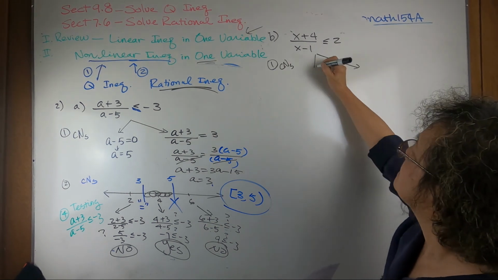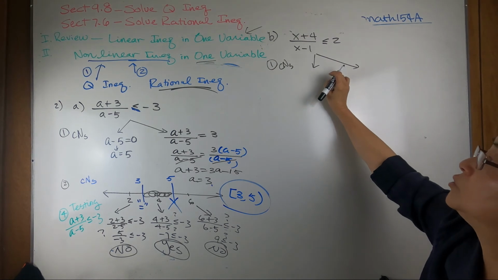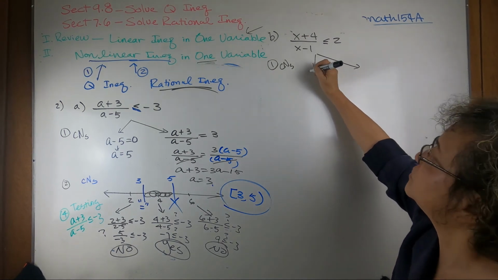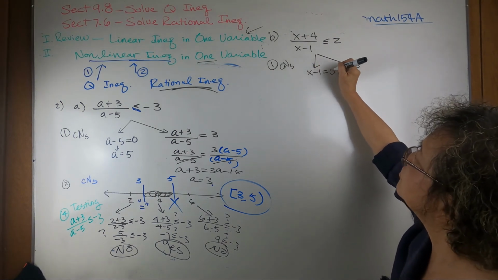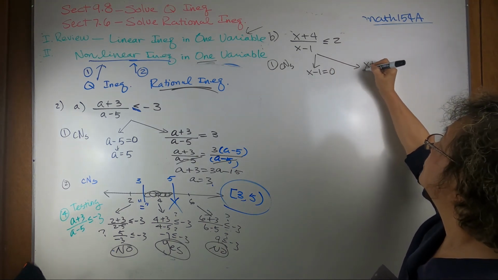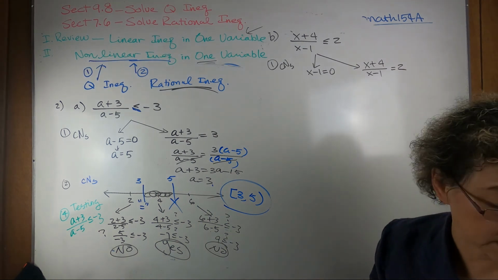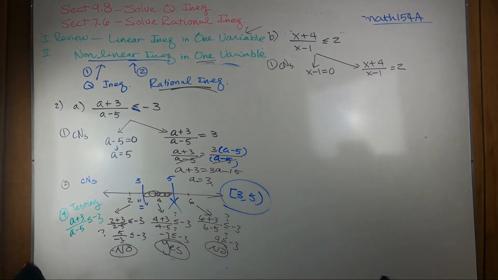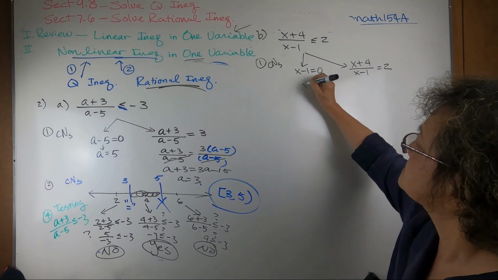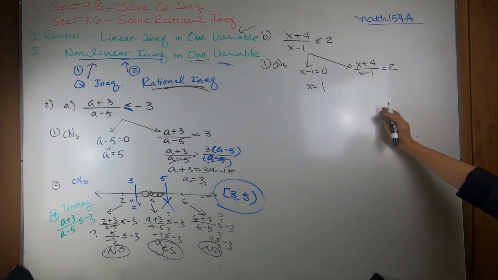For rational inequalities, one kind of critical number will make the denominator 0, and the other is where it's equal, to make one side less than and one side greater than. So for this one, x is 1, right? This one, you need to solve it.